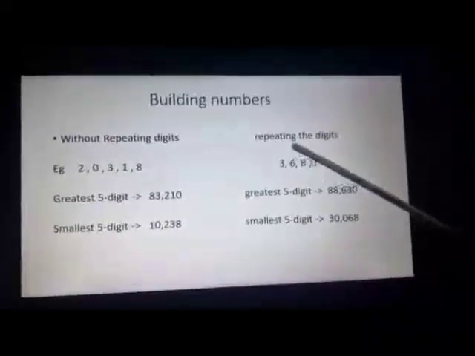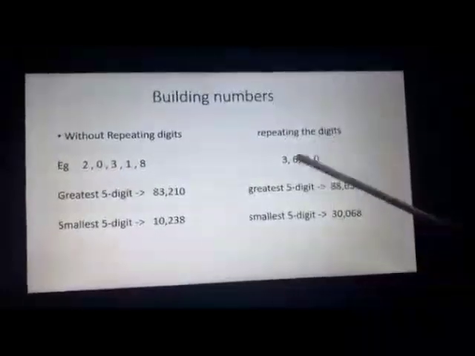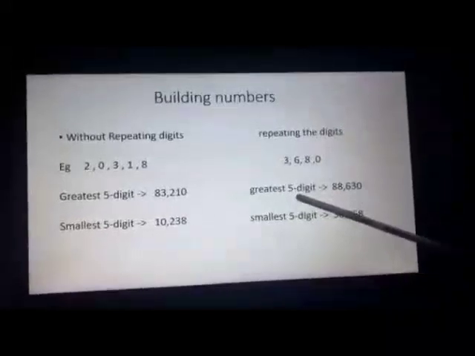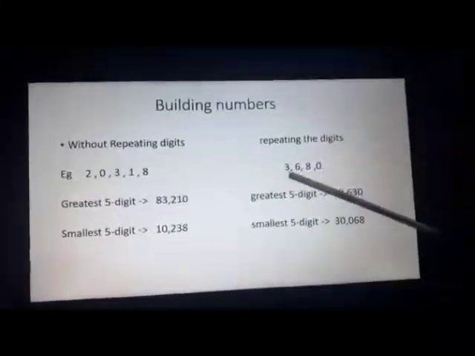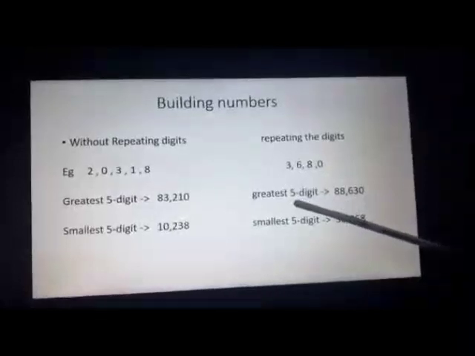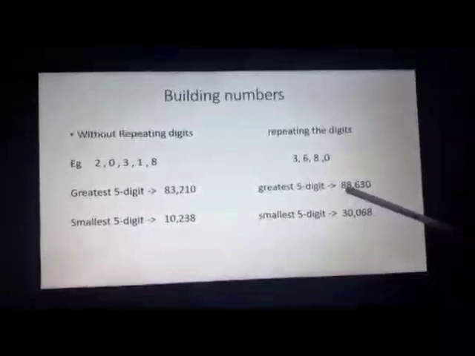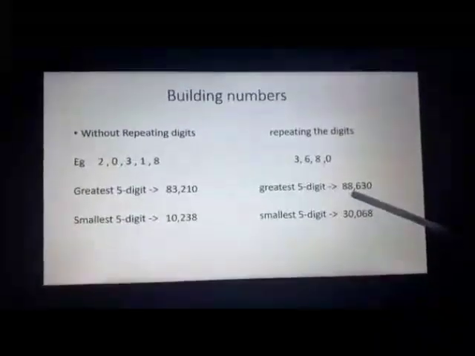Second is repeating the digits. Such situations arise when I have just 4 digits but I need to build a 5-digit number. That means 1 digit I need to repeat. If it is the greatest number, the greatest digit will be repeated.